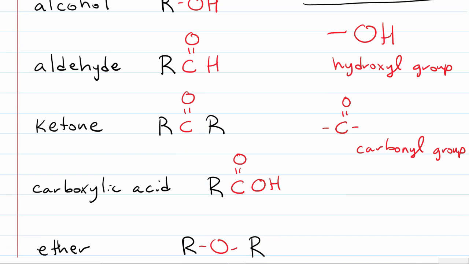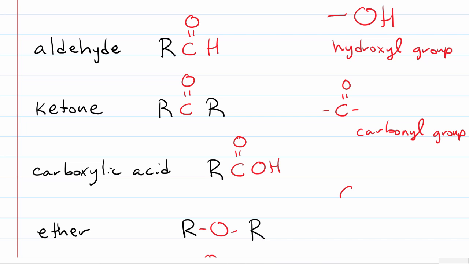And then, if we combine a carbonyl group and a hydroxyl group together, notice we put this one together with this one, we get this feature right here, and we wind up combining the names, and we call this one a carboxyl group.